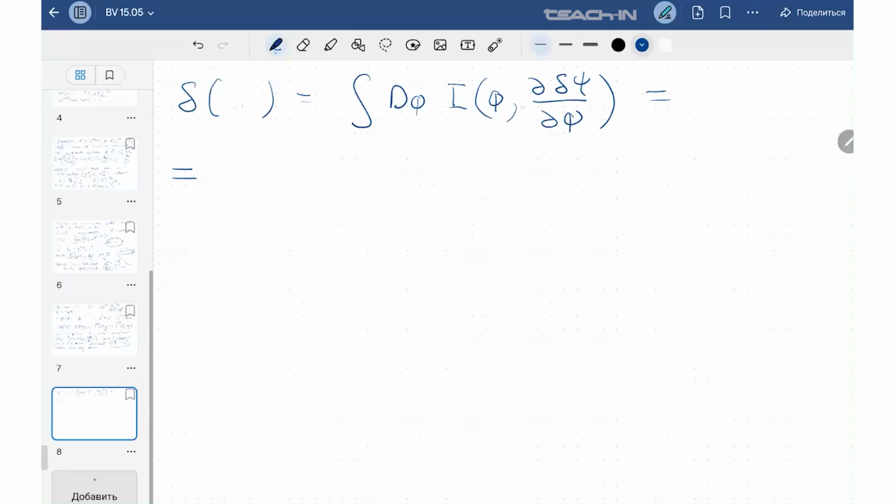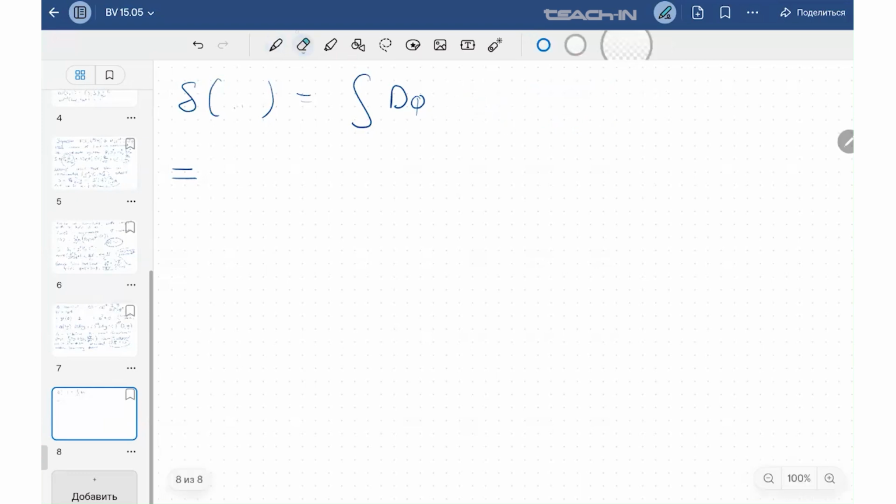Oh, sorry, it's not correct what I'm writing. It's not right. So the variation should look like this. It's d I over d phi star, evaluated at phi star equals d psi.